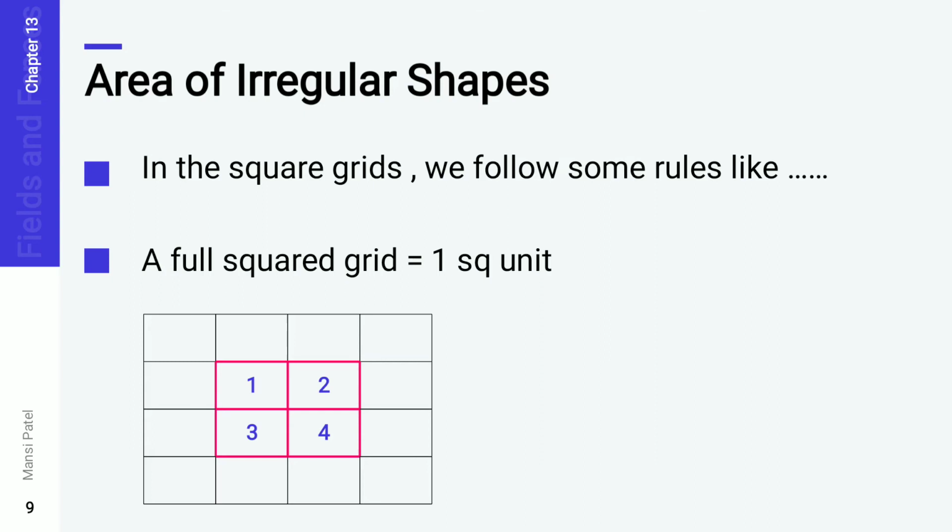Now what is the meaning of full square grid? It means it occupies one whole square. Then you have to count it as 1, then 2, 3 and 4. So how many full square grids are there? There are a total of 4 full square grids. That's why the area of this figure is 4 square units.